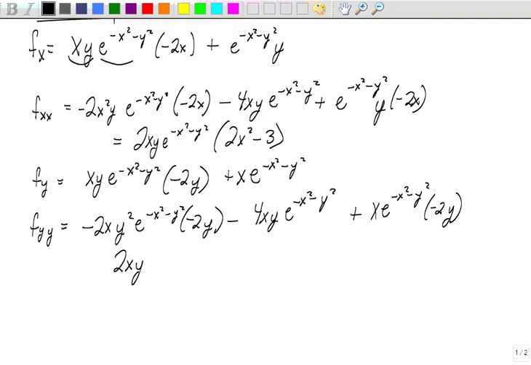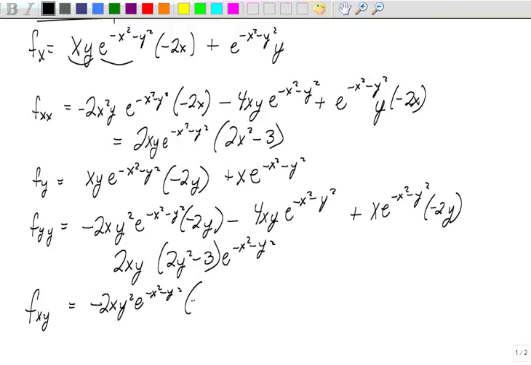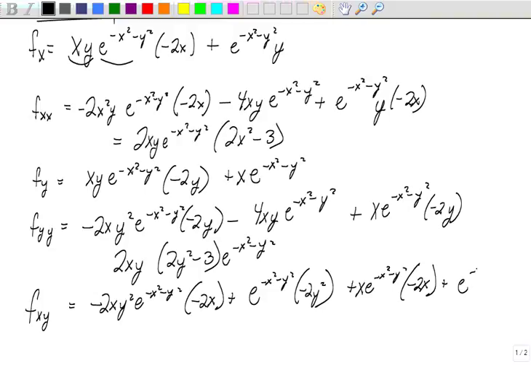All right, when you fix this, you get this. Okay, f sub xy, that means first you take it with respect to y, then x, that's going to be minus 2. So I'm using the product rule there too.